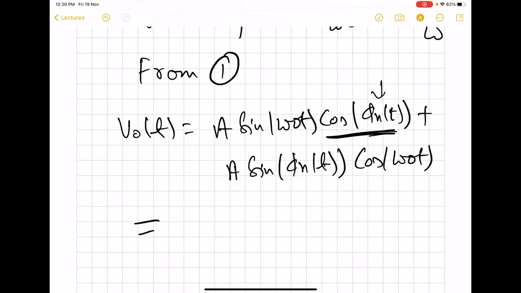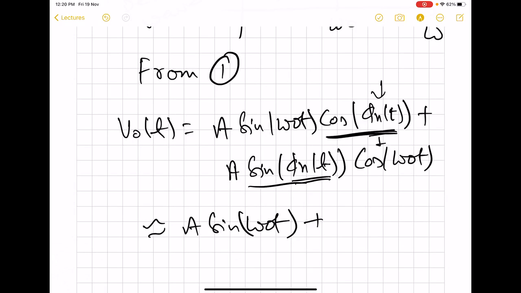So this cos phi n is going to be approximately 1. So we can now approximate this relation: a sine omega naught t, this will be approximated to 1. And here, since this is very small, we can approximate this sine term as phi n t.